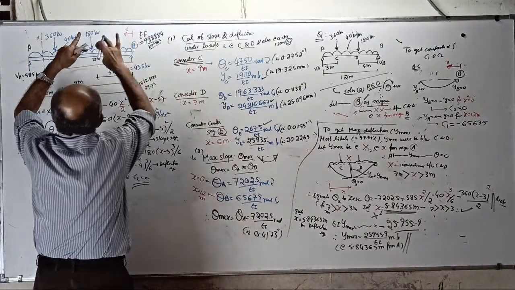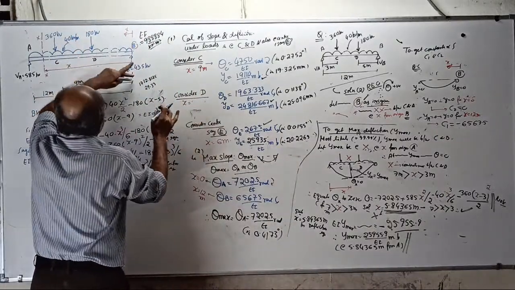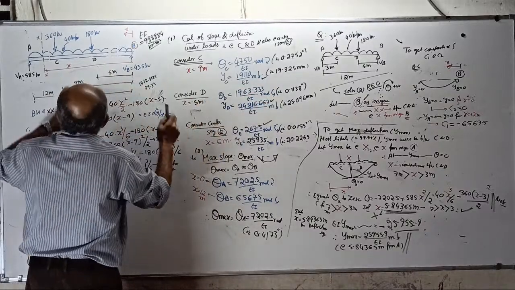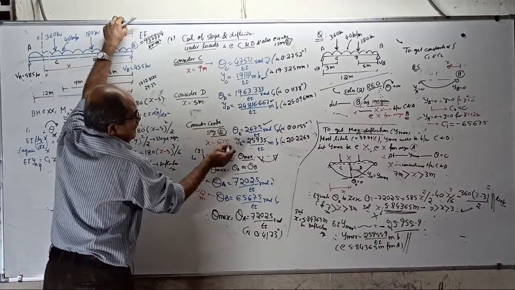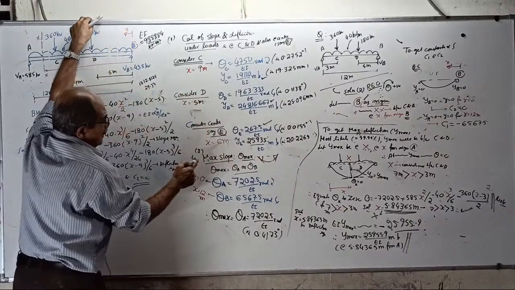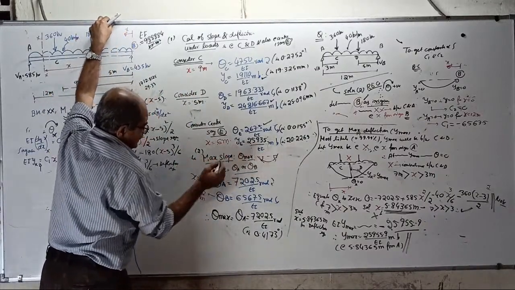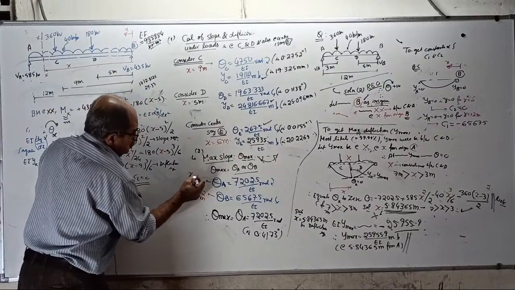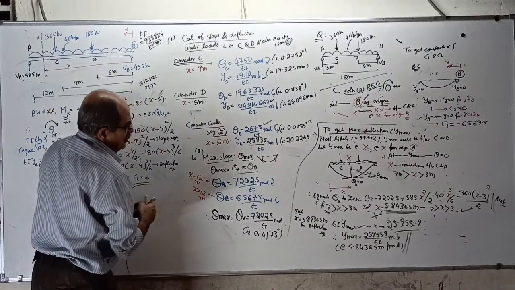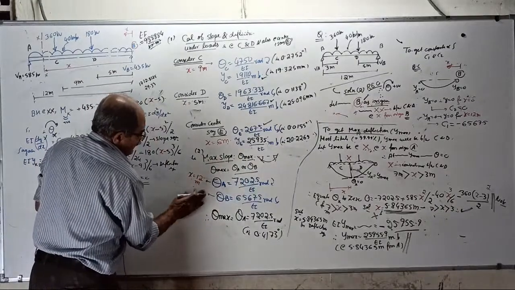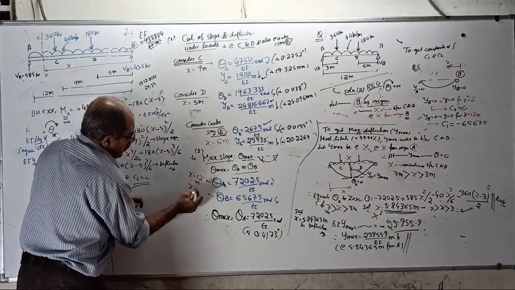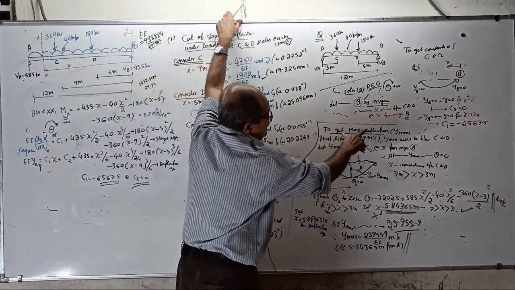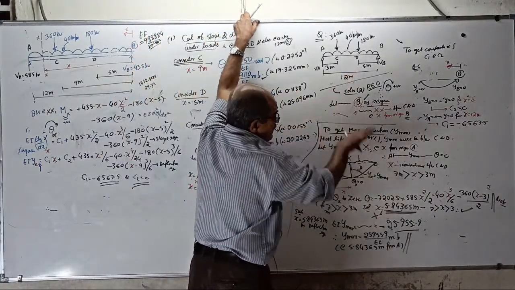To get slope and deflection at D, put x equal to 5 meter; to get center, x equal to 6 meter. Maximum slope: to get theta A, put x equal to 12 meter; to get theta B, put x equal to 0. Same answer, y maximum everything same.